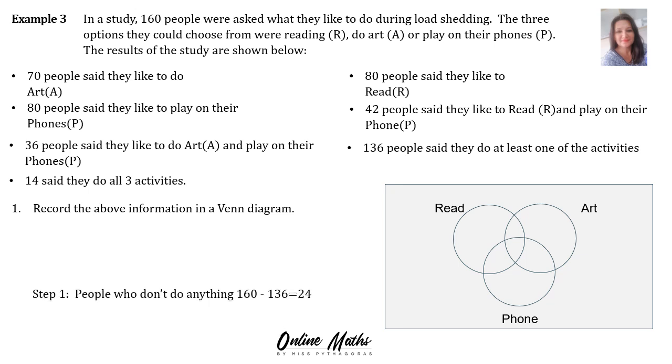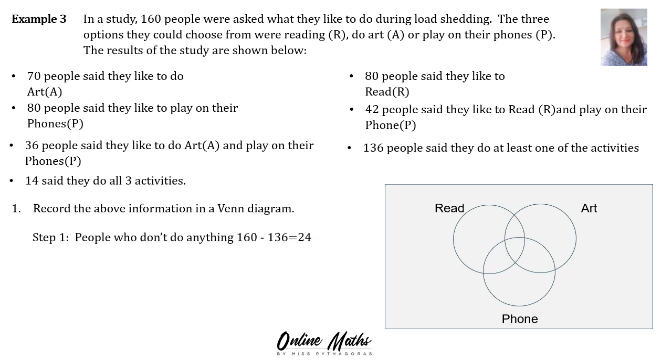Now let's see. Step 1. People who don't do anything is 160 minus 136, and the 136 is the people who said they do at least one of the activities, which is 24. So you add that there on its own. Step 2. 14 people do all the activities. So that one we fill in the intersection there where all 3 circles intersect.